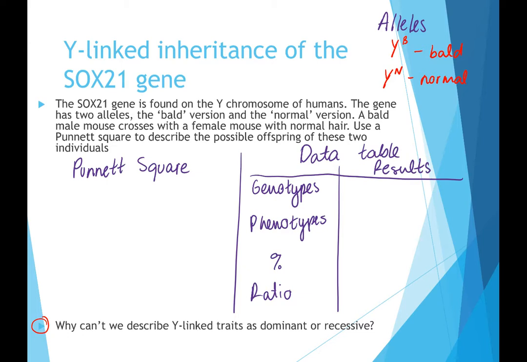Let's have a look at what the Punnett square would look like. So let's go female at top again. So we're crossing a female who's XX with a male who is bold. So X, Y, B. Okay, so XX with X, Y, B.